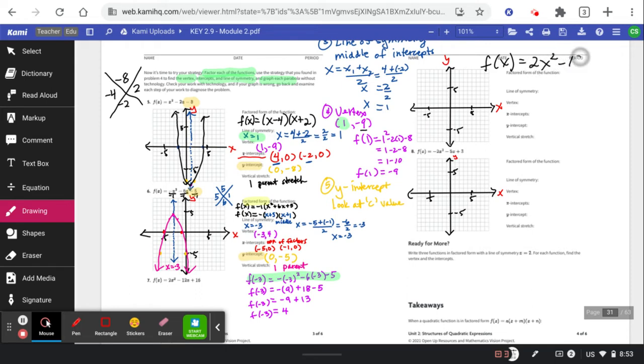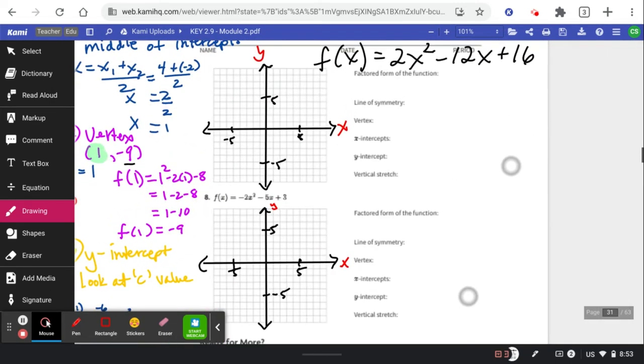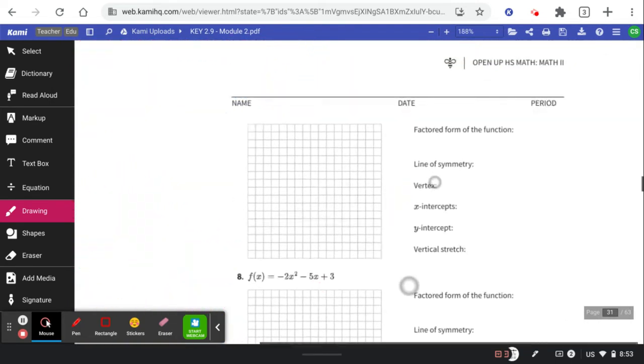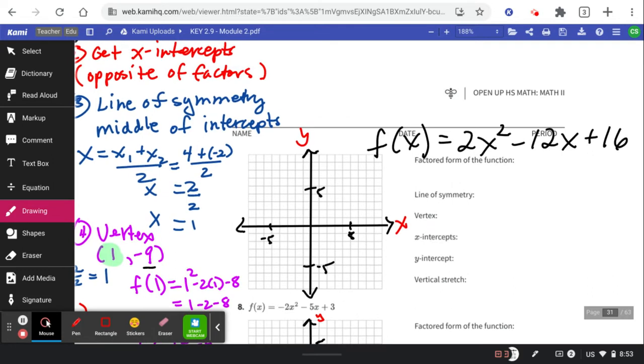That was at the bottom of that other page, sorry. Okay, so factored form. First step, always look for a GCF. I can take out a 2. Taking out a 2 leaves me x squared minus 6x plus 8.